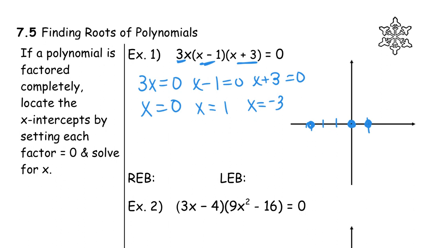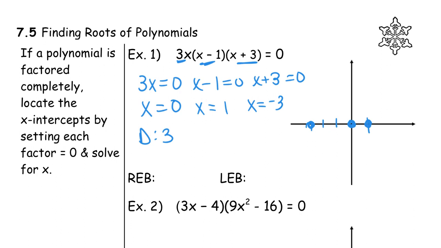Does anybody know the degree of this function? How many roots did I just end up with? 3? Mm-hmm. If I were to FOIL it all out, we would end up with x cubed. So our degree is 3, which means it's even or odd.